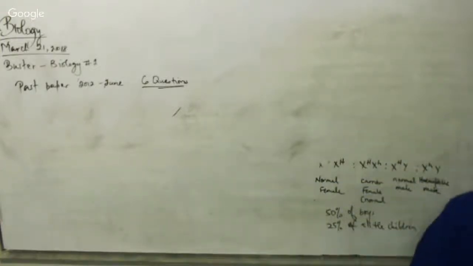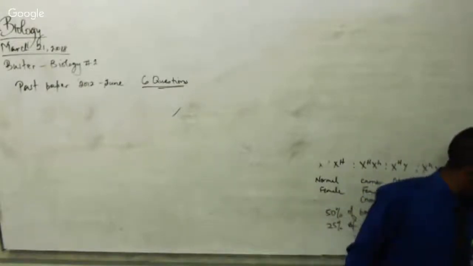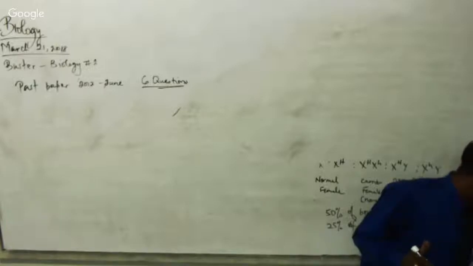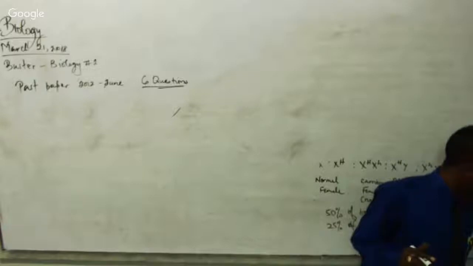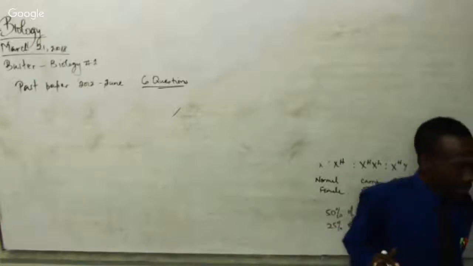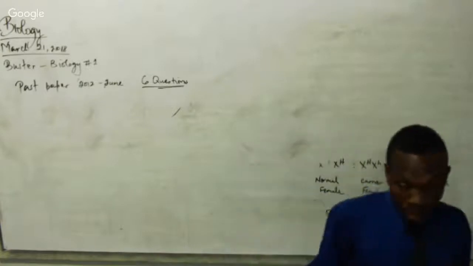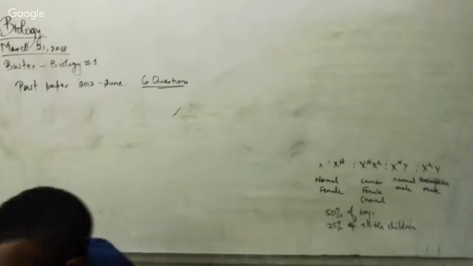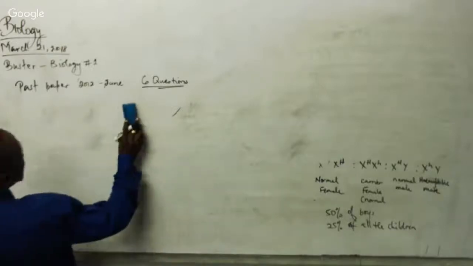All right, so number 5 says insect vectors are involved in the spread of some pathogenic diseases. Describe the life cycle of a named insect vector. Mosquito. Sir, yes. So first, it is an egg, and then when it gets older, it changes to a larva.